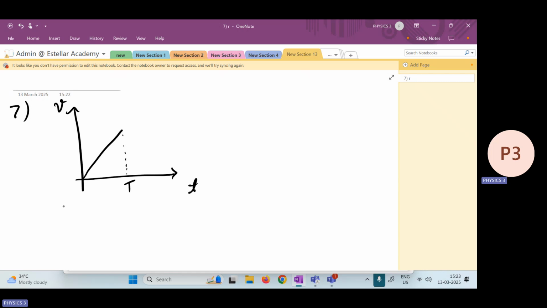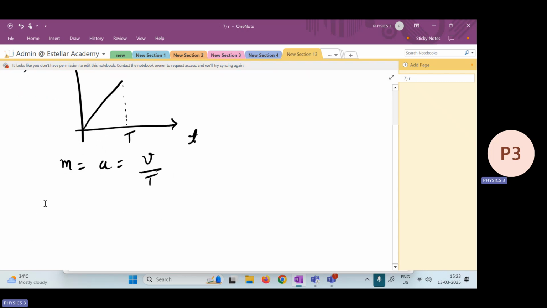We know that the velocity time curve's slope is acceleration. m will be equal to acceleration. So from here, slope we can write as v by t. And as we can see, its acceleration is constant. So we can use the second equation of motion, s is equal to ut plus half at square. As we can see from the graph, initial velocity of it is zero.